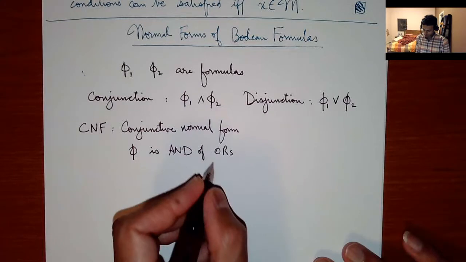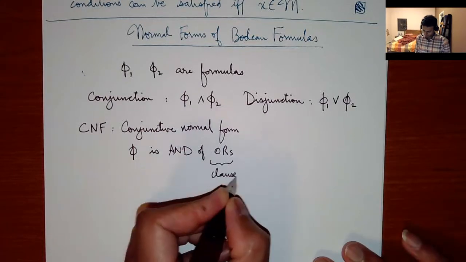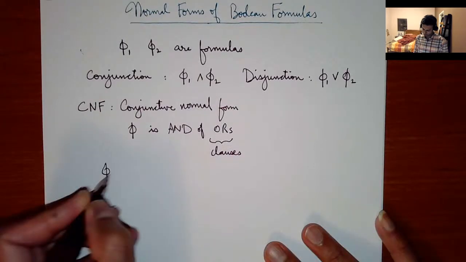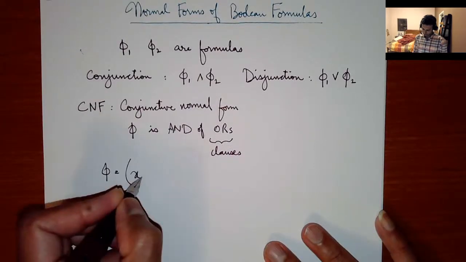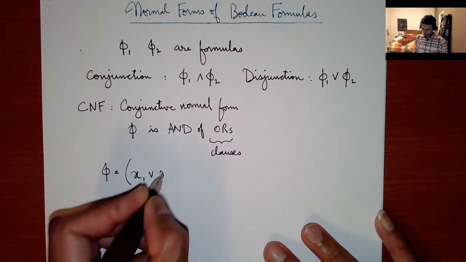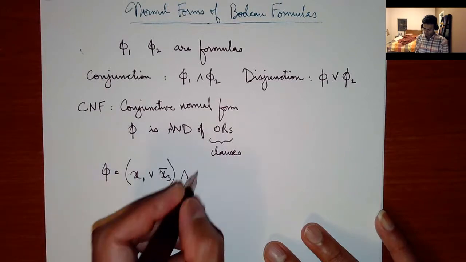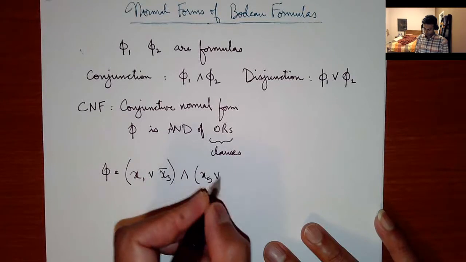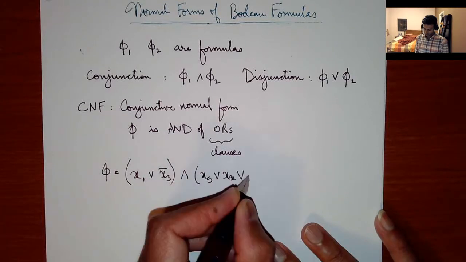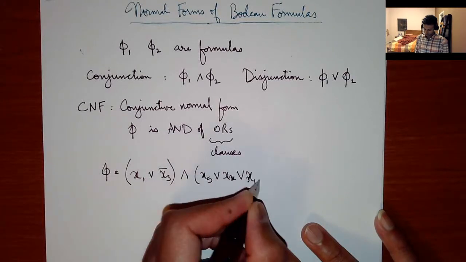These are the clauses. So for example, if phi is in conjunctive normal form, you would say something like x1 or x3, and not x5 or x2 or x10, and so on and so forth.